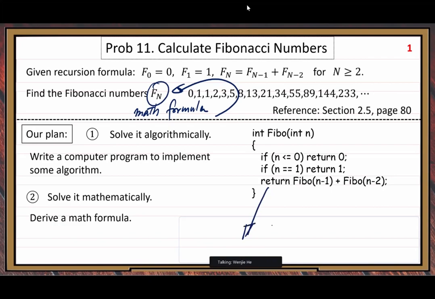Using the asymptotic notation, big O of phi to the n. What is this phi?